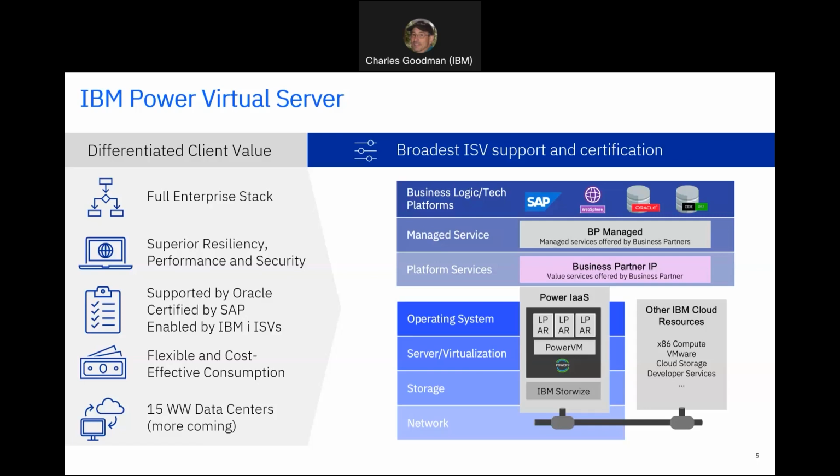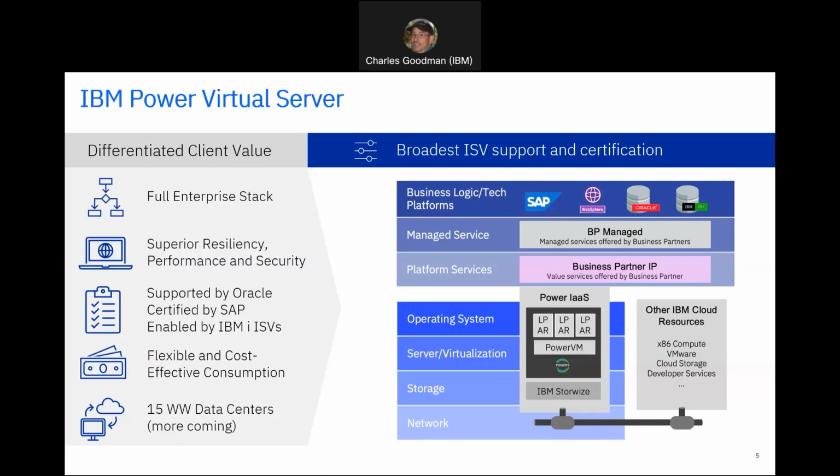And then we have partners that provide managed services with their customers running in Power VS. The operating system and down is the virtualization, storage, and networking is taken care of by IBM. And the customer then would be responsible, or the person doing managed service would be responsible for managing the operating system PTFs and up on the platform.